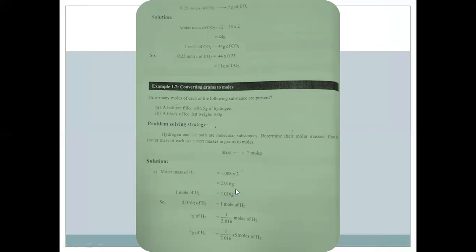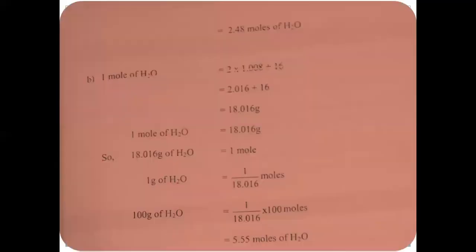So 2.016 gram. 1 mole of hydrogen is equal to 2.016 gram. So if 2.016 is equal to 1 mole, then 1 gram will be equal to how much? 1 divided by 2.016, and the required amount is 5 grams. 5 gram will contain 1 over 2.016 multiplied by 5 moles of hydrogen. So it will give us the answer.